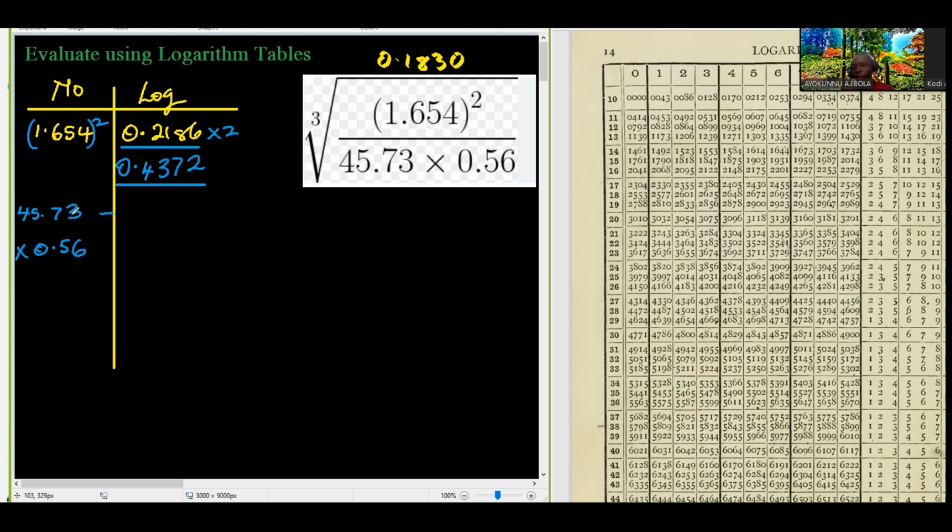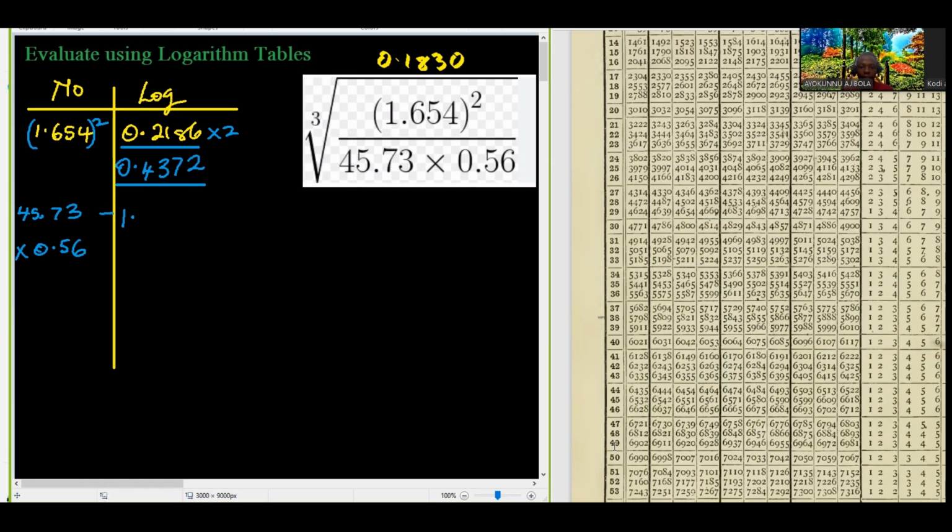So the 45.73, to get 4.573, that means I move my point one step to the left, which is positive 1. Then I will check logarithm 45 under 7, difference 3. So 45 is down here. Under 7 is at this middle page, or at the beginning of this place. So that is 6599. Difference 3 is 3.